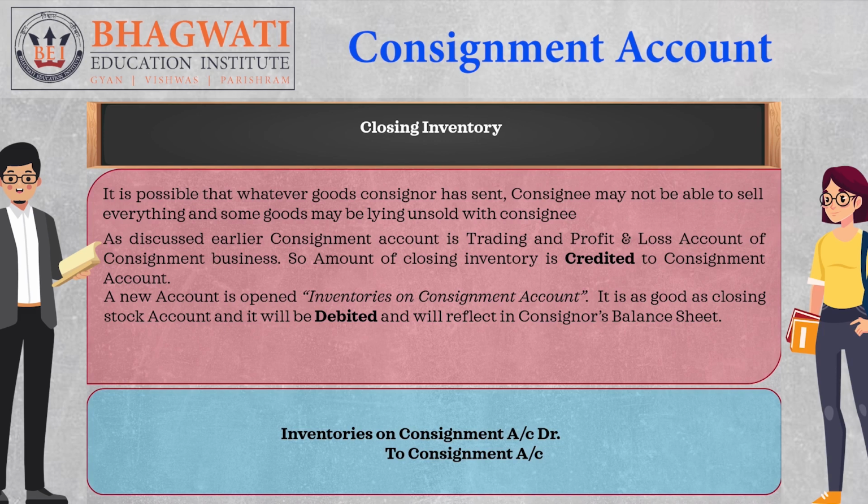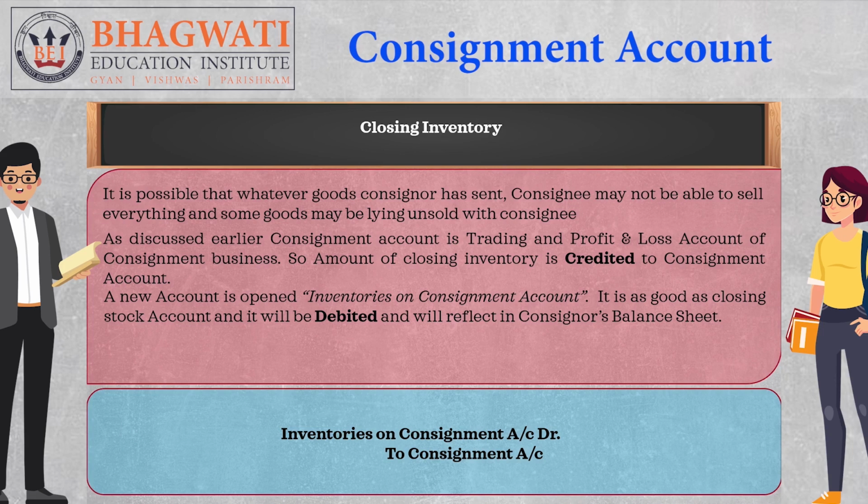Now sometimes we use inventories on consignment. Sometimes they give consignment stock account or consignment inventory account, or even sometimes some authors use inventories with consignee account. So you can use any of these accounts, right? Now this entry is for what? Closing stock, and this will come in the balance sheet of the consignor.